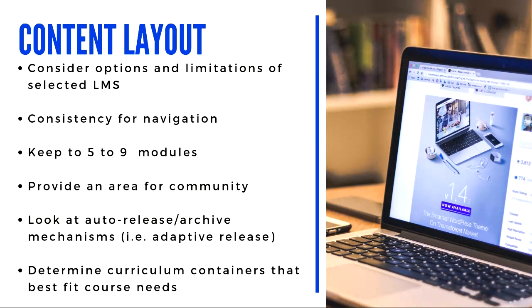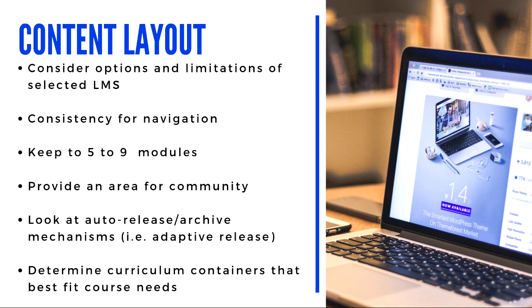So some things that you want to take into consideration when you start building your course and you start mapping out your content layout. You want to consider the options and limitations of your selected LMS. So, Blackboard is kind of the more commonly known one that a lot of people use.